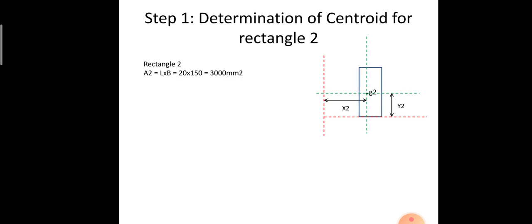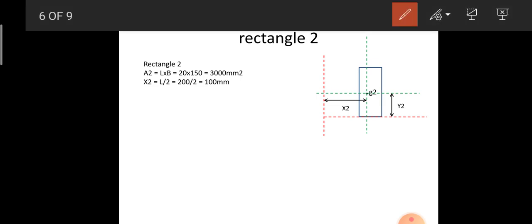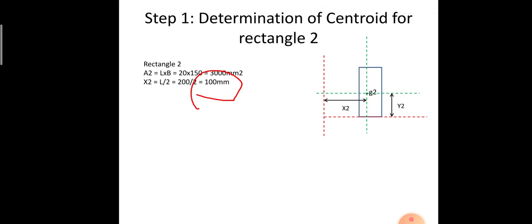So the product will be 3000 mm square. Then x2 is equal to L2 by 2. Since it is symmetric about the x-axis, the value remains the same as 100 mm.